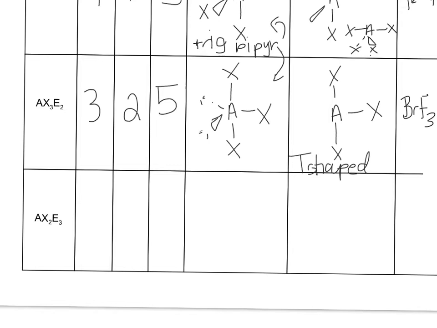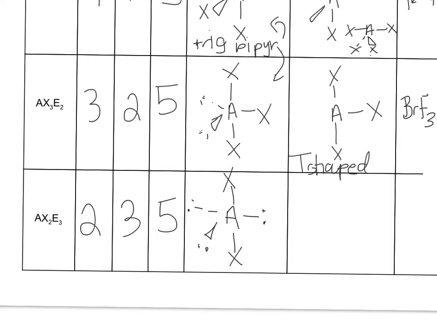So we're going to move down a little bit more, do AX2E3. So we've got 2 bonding pairs, 3 lone pairs for a total of 5. So again, we have a shape that's based on the trig bipyramidal. So this time all 3 lone pairs go in the equatorial plane.